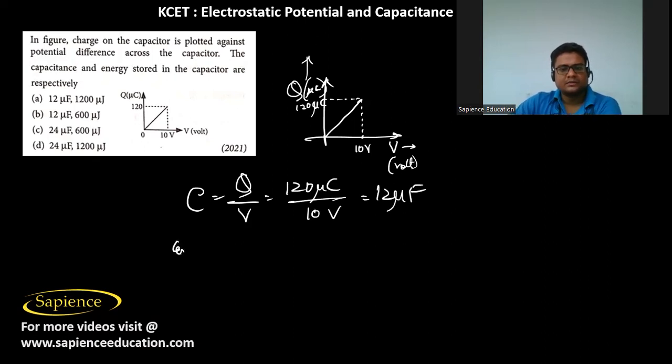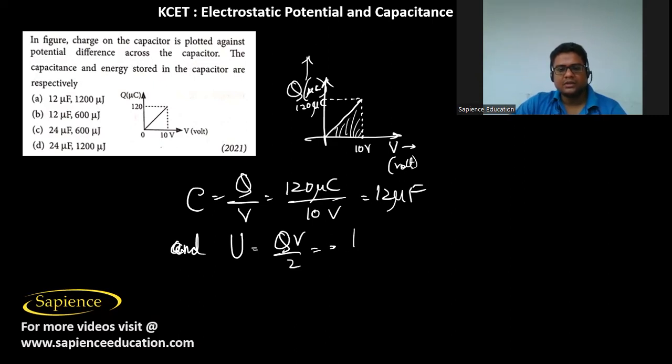And then the potential energy stored in the capacitor, we know it is qv by 2, since it will be equal to the area under this graph of q and v.